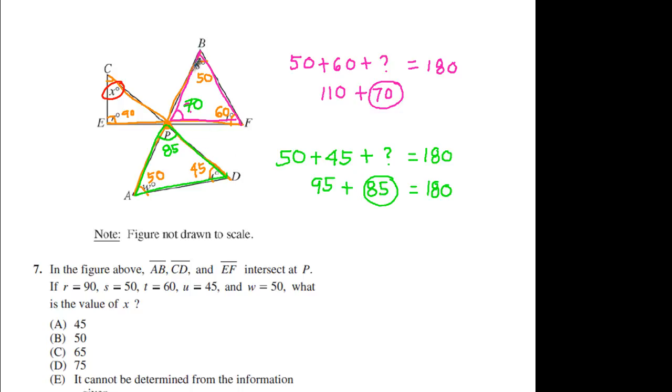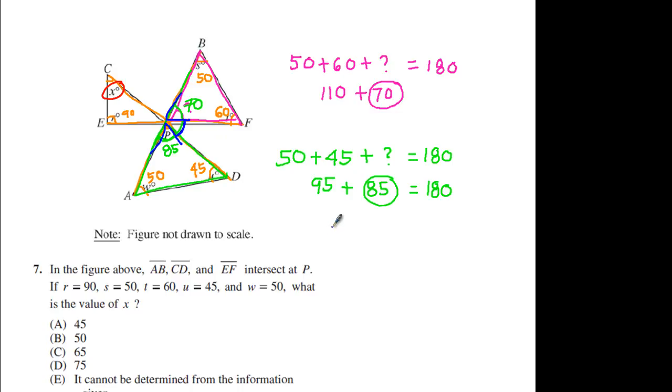Now look at this line. This is a straight line. Since this is a straight line, it follows that the measure of the angle on one side of that line should be 180 degrees. And I want you to notice that at this side of the line, you already know that this angle is 70, this angle is 85. We do not know the measure of this angle, but we know the sum of these three angles should be 180 degrees.